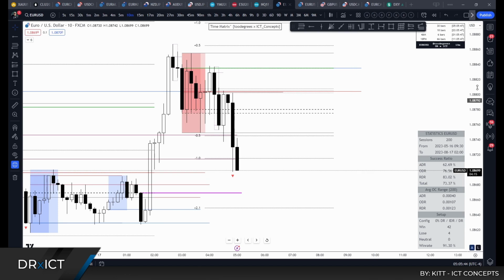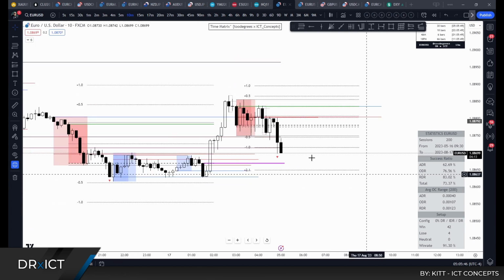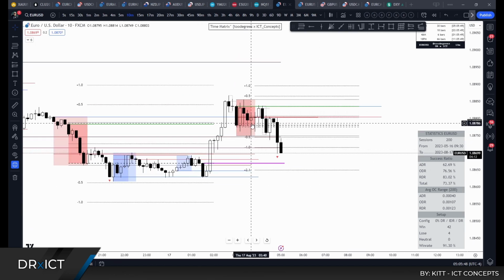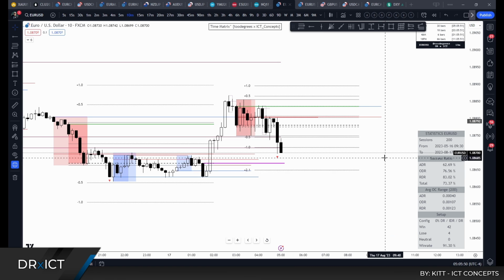Dollar with its first push. This is a really tight consolidated range.